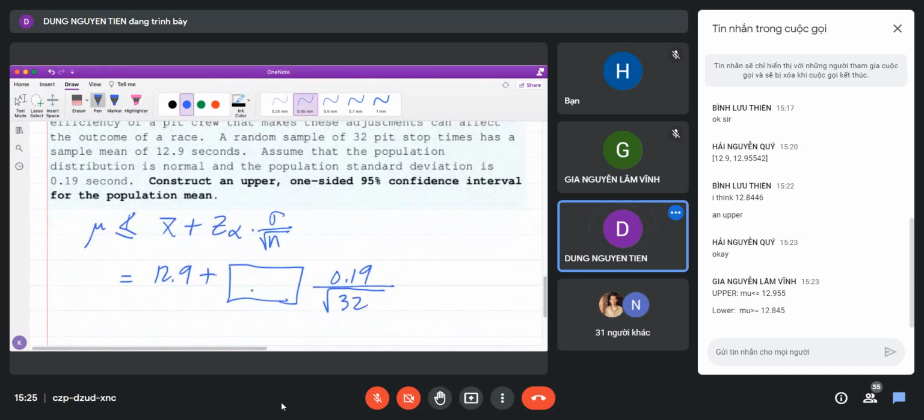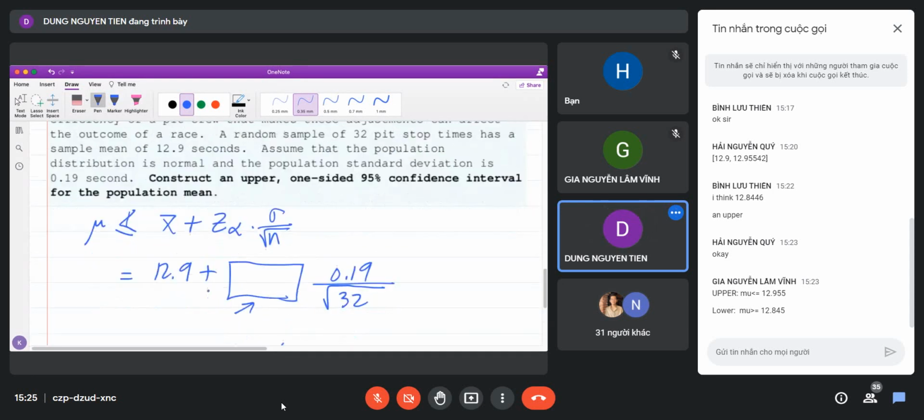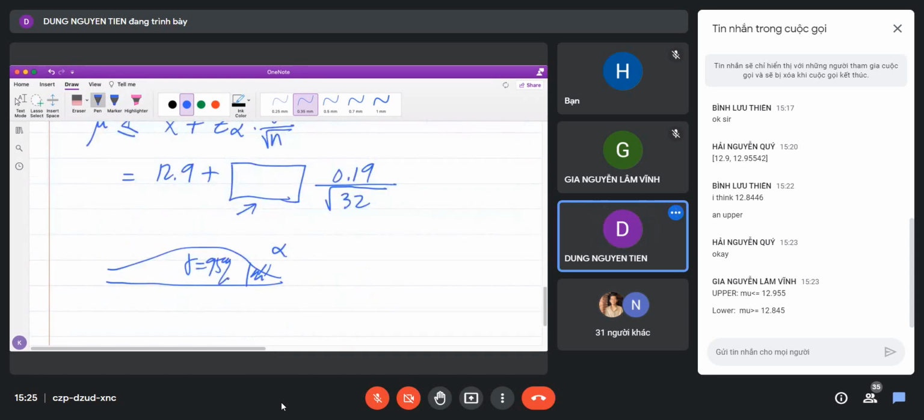In order to determine this point, that is the alpha, you get this area alpha. Gamma is 95%, so this becomes 0.05, and this is simply 1.64, right? 1.64.